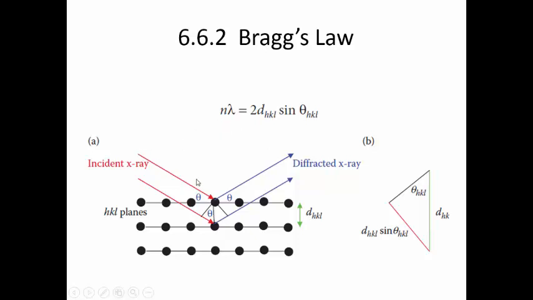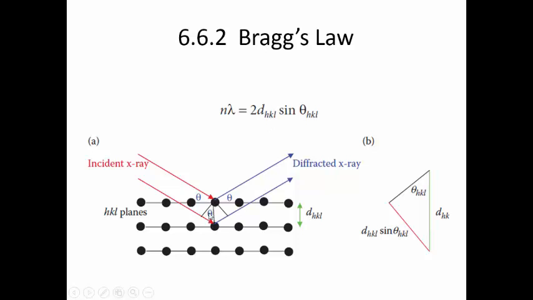Here we have the red incident ray coming in, the blue diffracted beam, and if you're going to get constructive interference, you have to have these phase angles equal. So this extra distance has to be an order of wavelength. So this extra distance is going to be 2 times d(hkl) times the sine of the angle.